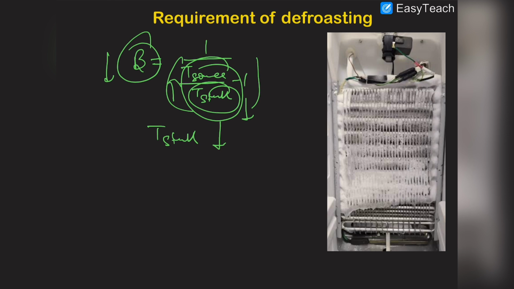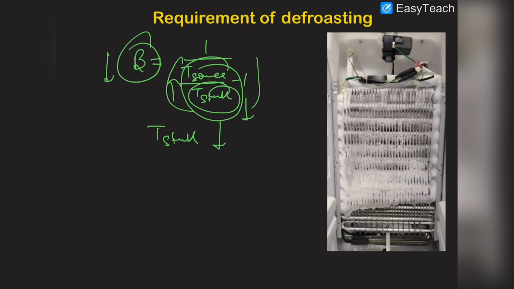But nowadays the refrigerators we use are frost free refrigerators, in which an automatic fan blows some hot air on the inner fins or inner evaporator coils, due to which the ice deposited over the coils is melted, and that melted ice in the form of water is received at the back of the refrigerator.